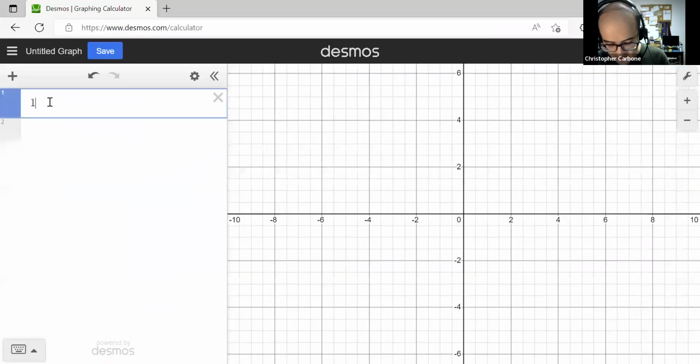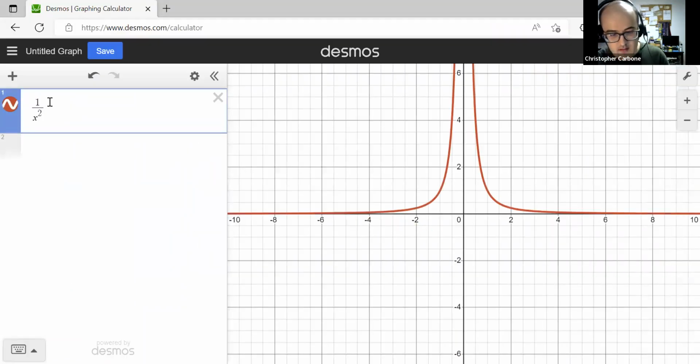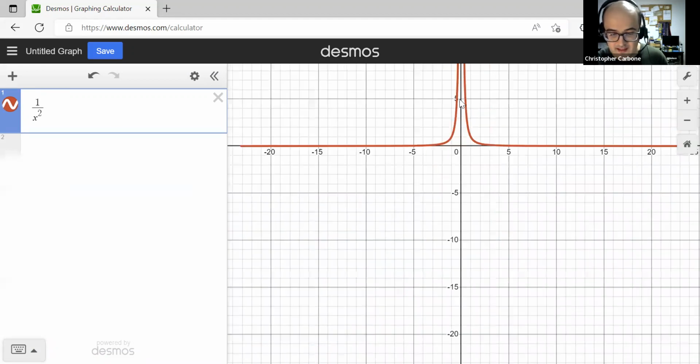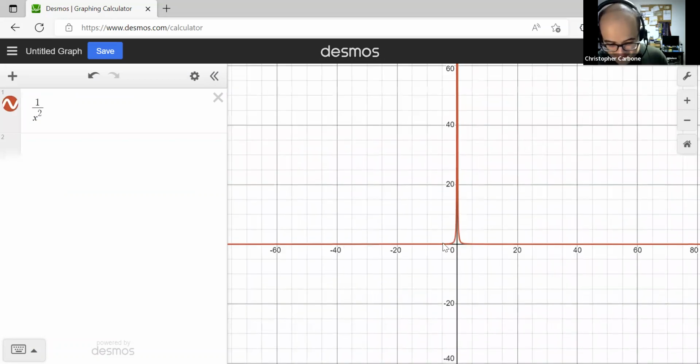So if we look at this, this is our function here, 1 over x squared. As we approach 0 from the left, you can see our function values increase and increase and increase. If I zoom out, you can see that they increase forever.